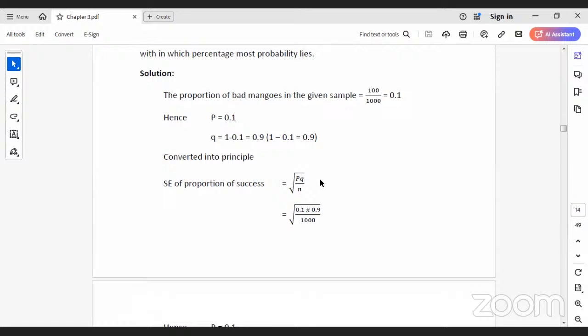The standard error of proportion of success is equal to under root PQ by N, okay, is equal to under root 0.1 into 0.9 divided by N, that is 1000.